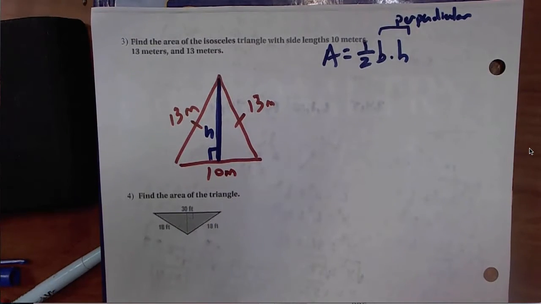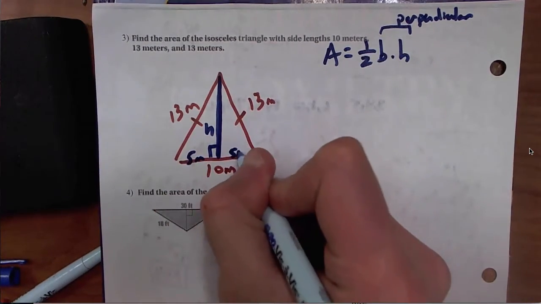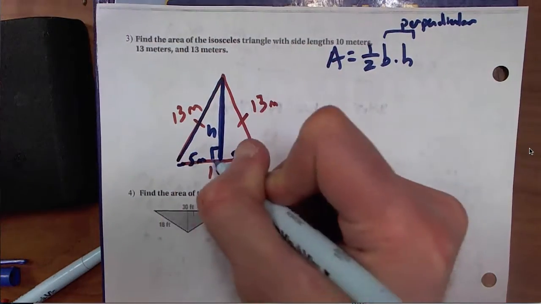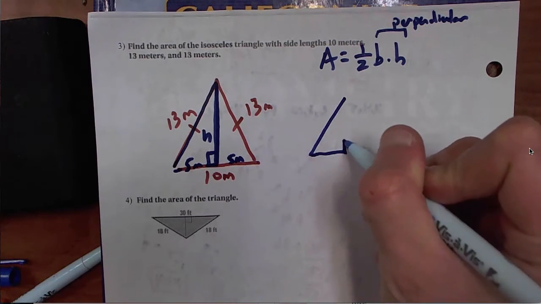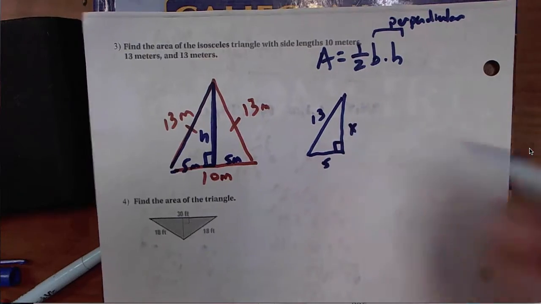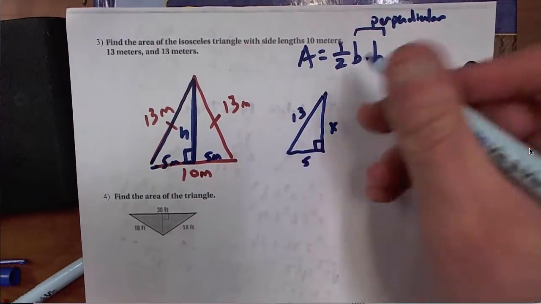Okay, so if you didn't get it before, see if you can pause the video, see if you can figure it out now. What's the area of this whole red triangle? Okay, so if I split this up, this would be 5 meters. I could just use this right triangle here, and what I have is 13, 5, and x, or h.